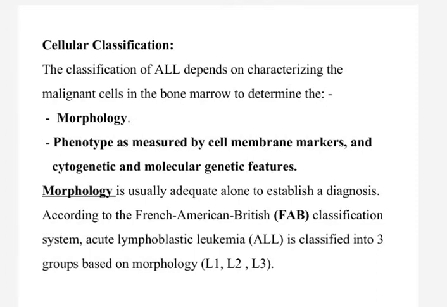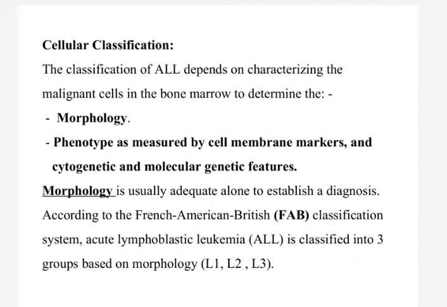Cellular classification. The classification of acute lymphoblastic leukemia depends on characterizing the malignant cells in the bone marrow. يعني احنا بنشوف بالكمبيوتر blood picture blast cell. We suspect leukemia, to diagnose it accurately by bone marrow.